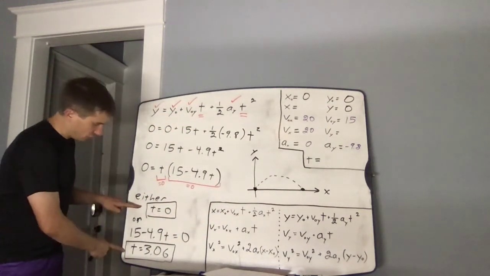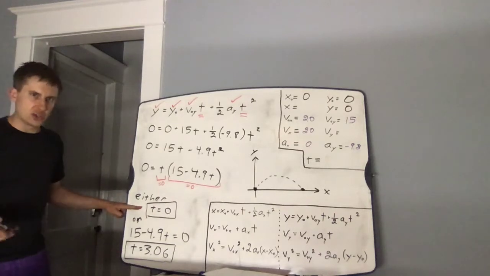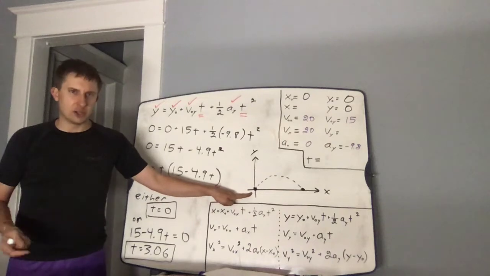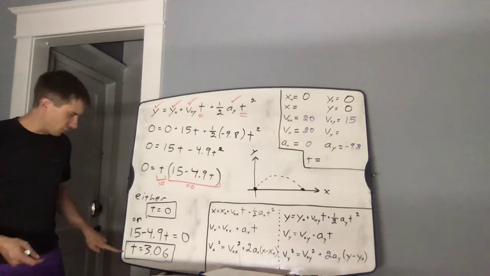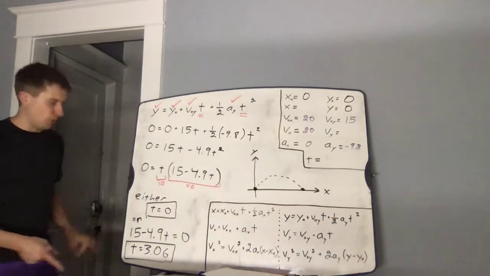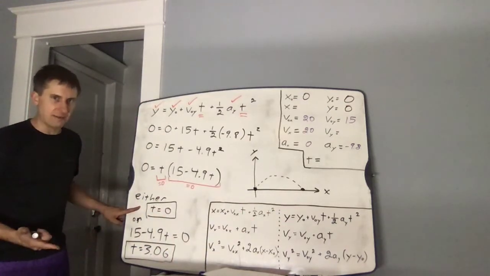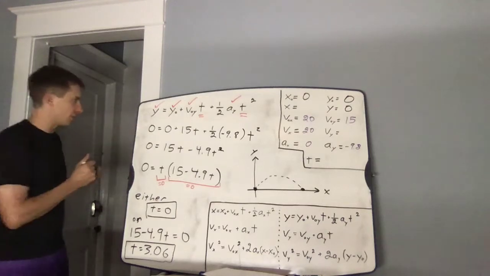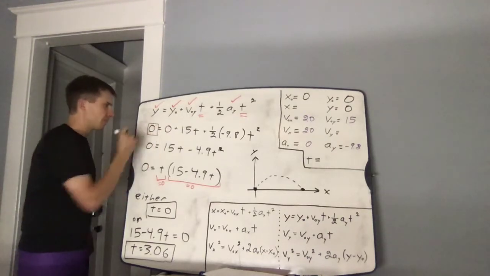So looking at these two results, I could associate t equals 0 corresponds to the moment the ball is thrown, and t equals 3.06 corresponds to the moment the ball lands. Both of these solutions are physically valid. They both correspond to a time when the height of the ball is equal to 0.